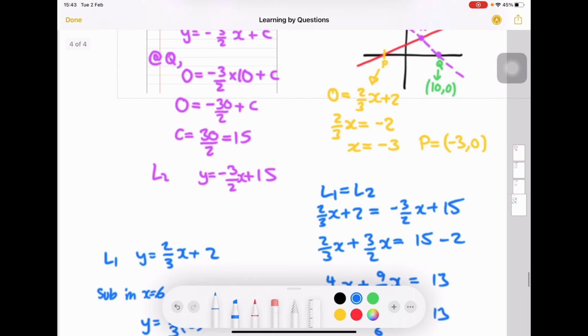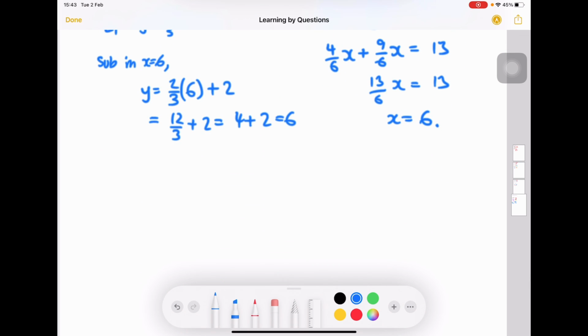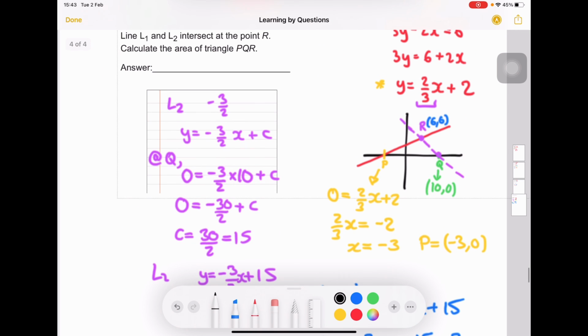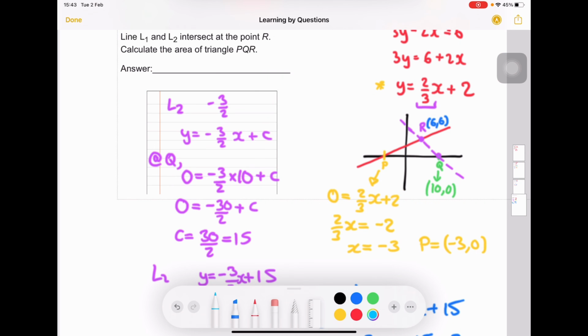Let's draw a triangle again. Actually, forget about that. Let me use a different color. I've used all of them. The height of this triangle is 6.